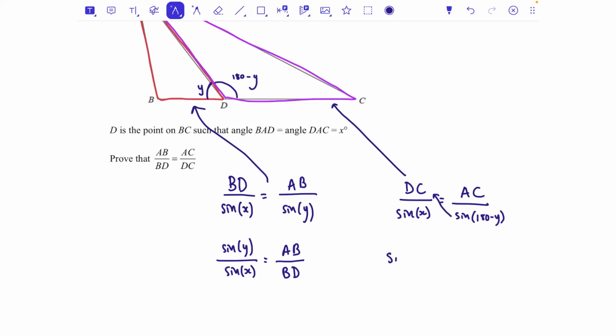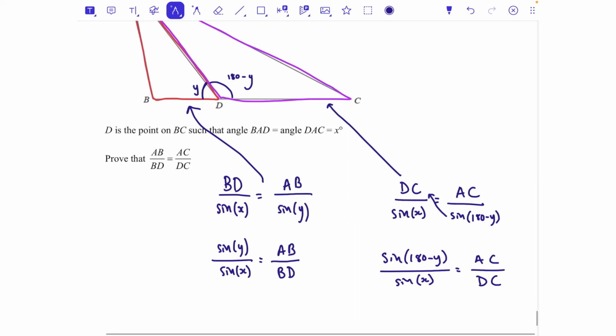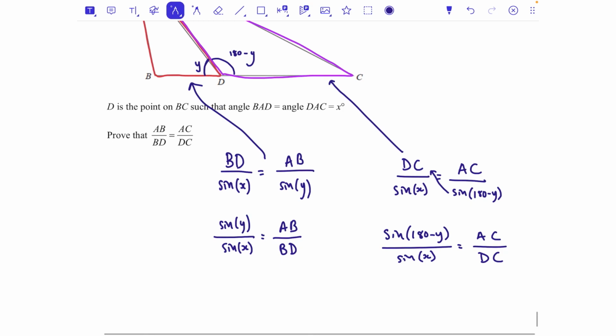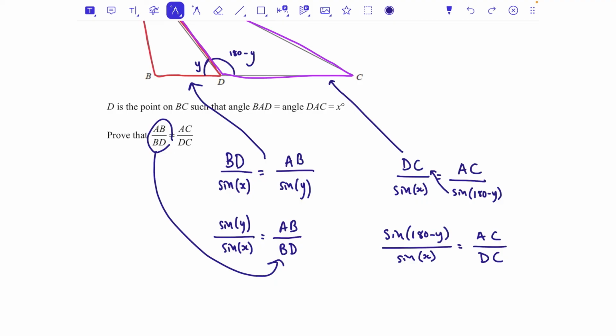So sine 180 minus y over sine x is AC over DC. There we go. So I now have this fraction AB over BD, and I have this fraction here on the right hand side as well, okay?